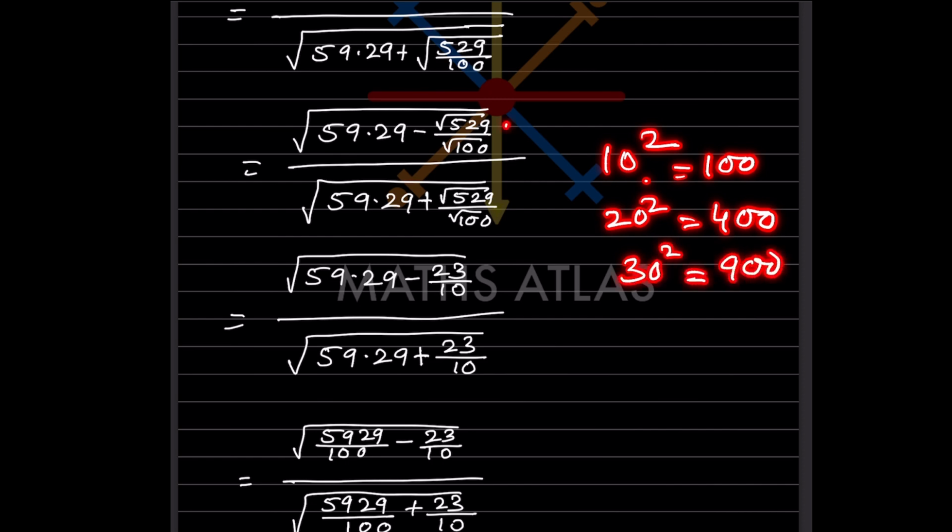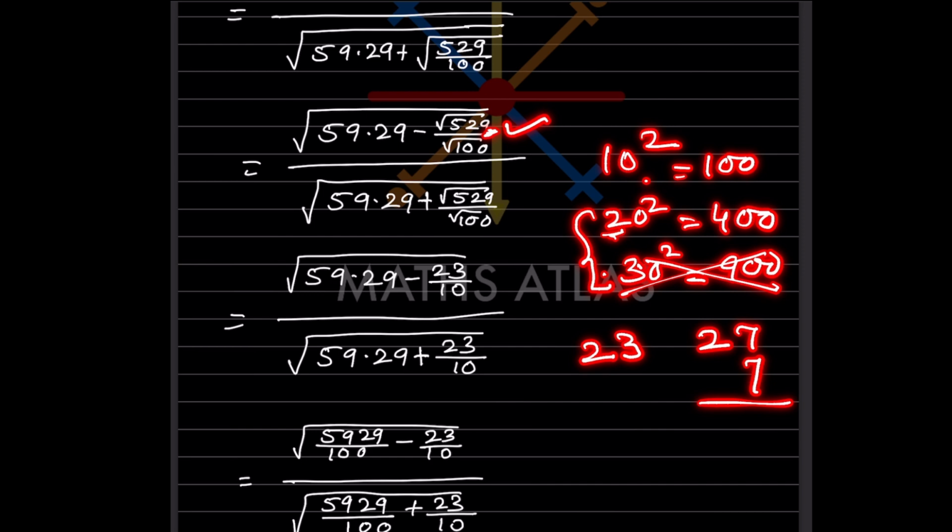So 529 comes between 20 and 30. The units place is 3, so it can be 23, or it can be 27, because 7 squared is 49.